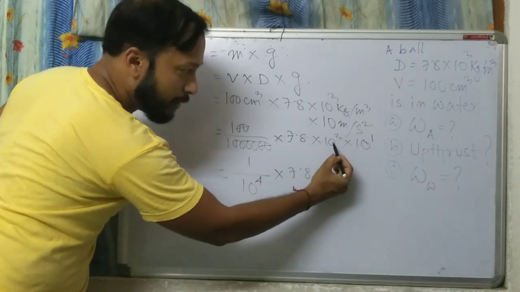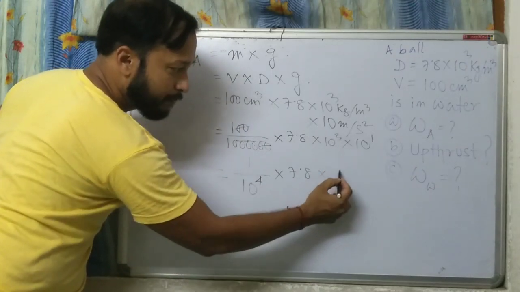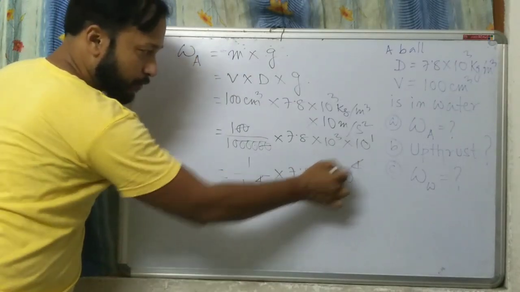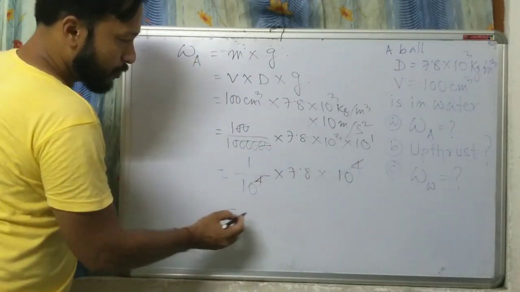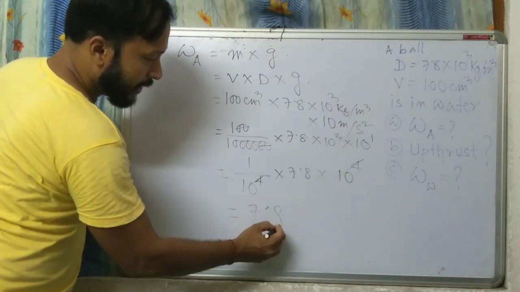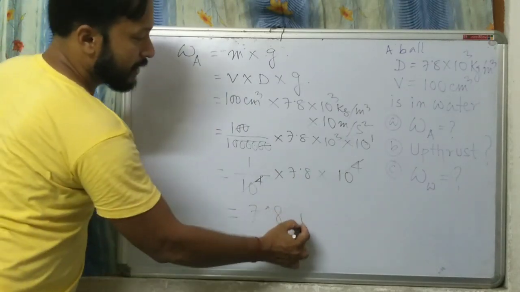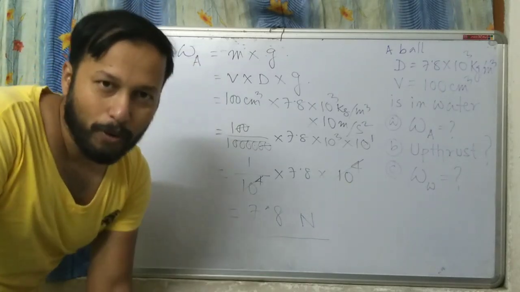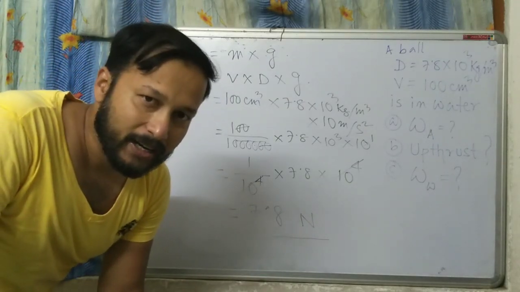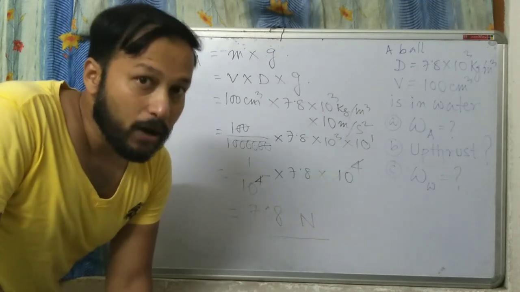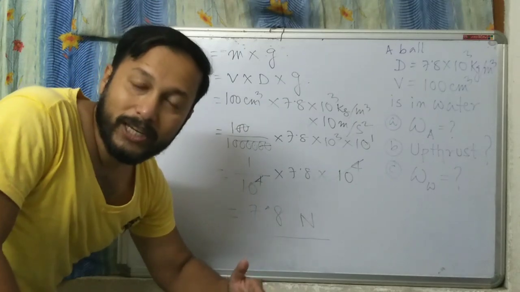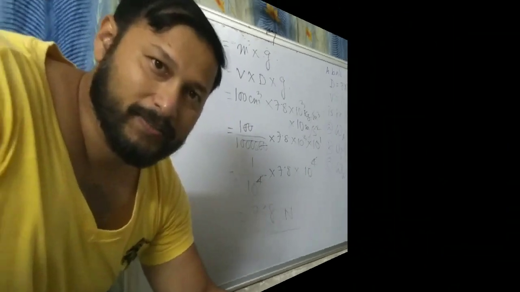So 10 to the power 3 into 10 to the power 1 means 10 to the power 4. 10 to the power 4 cancels, equal to 7.8 Newton. So this is the weight of that object in air. Understood? Now we will calculate the weight of that object in water.